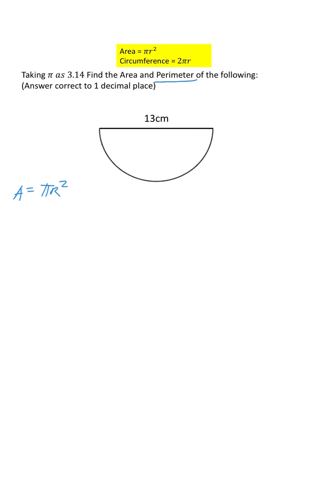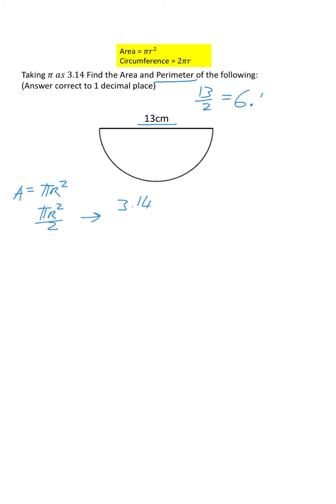Now in this question we can see it's half a circle. So we're going to have pi times radius squared divided by 2, because it's half a circle. We need to use pi as 3.14. We've been given the diameter of 13, so let's halve that to find our radius.